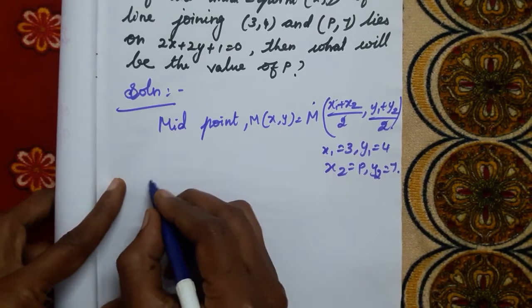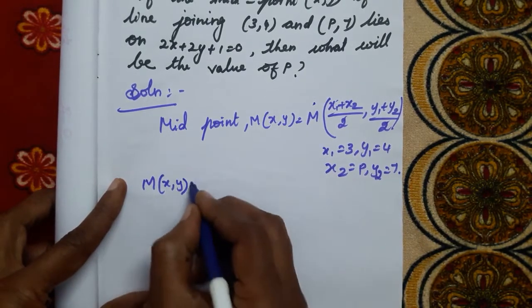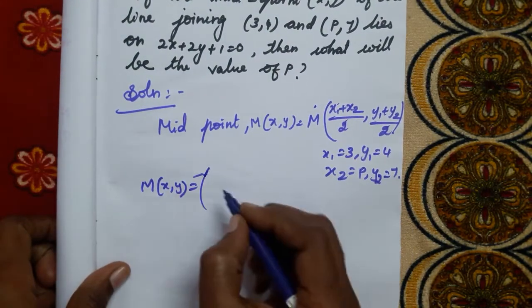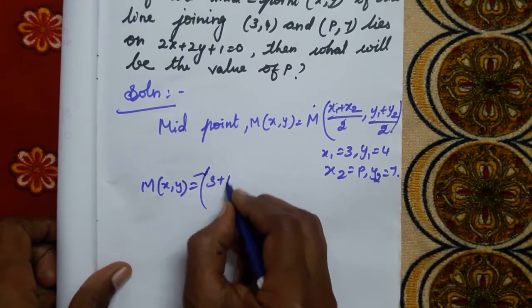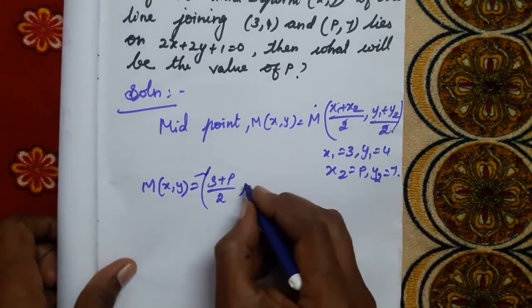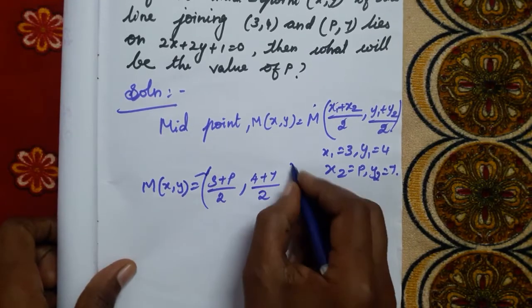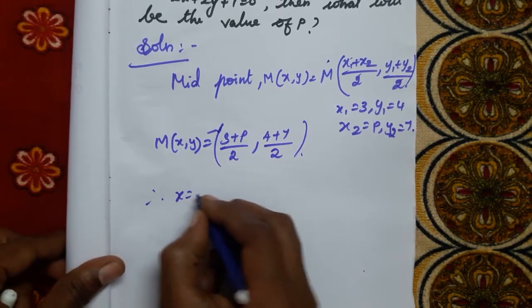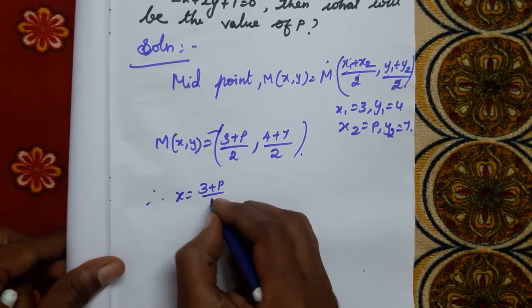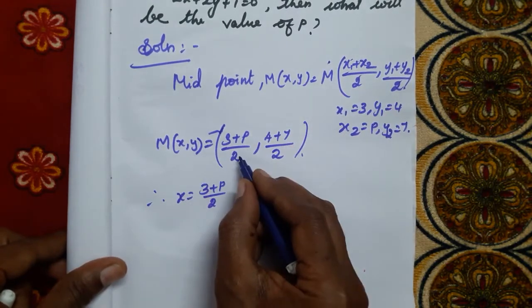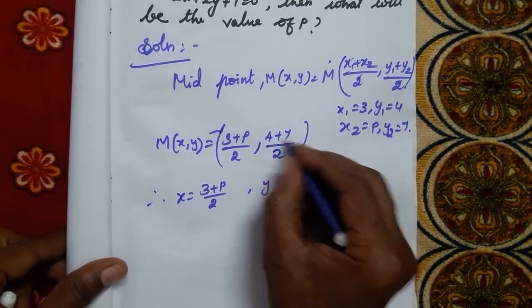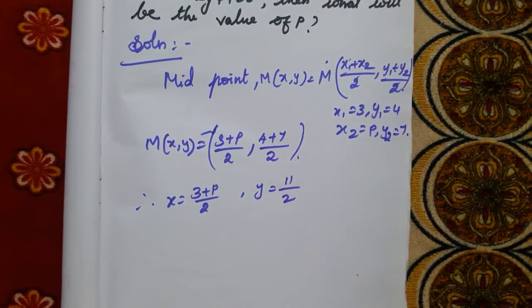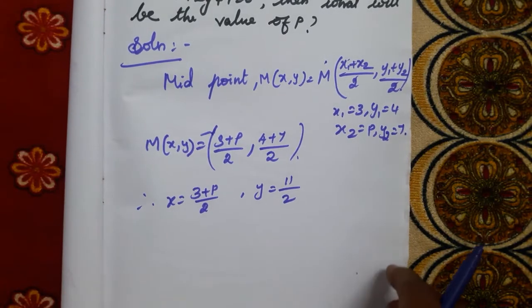So midpoint M(x, y) is equal to ((3 plus p) by 2, (4 plus 7) by 2). Therefore, x is equal to (3 plus p) by 2. y is equal to 4 plus 7, which means 11 by 2.